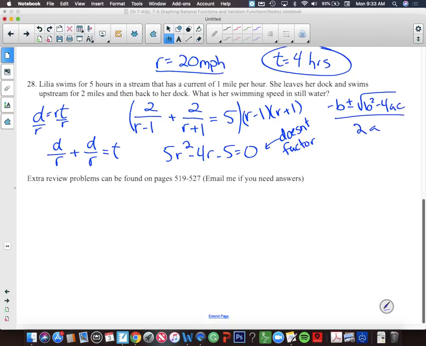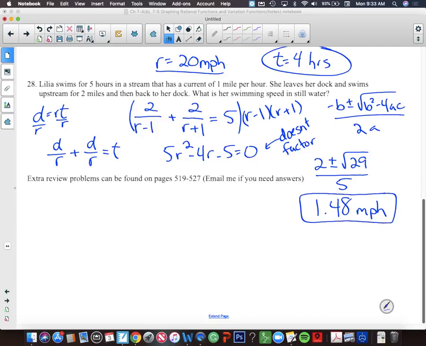So let's plug stuff in. And we plug it in and we simplify. We end up getting this. Which isn't really a nice number, so you put it in your calculator, you get one positive answer and one negative answer. We get 1.48 miles per hour. So that's how fast Lilia swims.